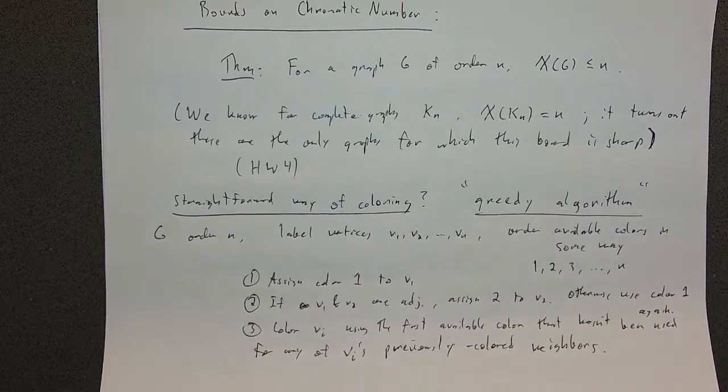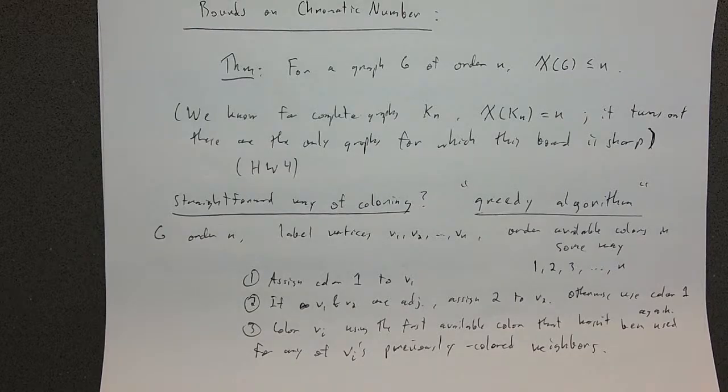At the end of this, counting what we are doing here is going to tell us exactly how many colors we need. Okay, so this greedy algorithm works in that it always gives a legal coloring, but in our example it gave us the least number of colors. Can we expect it to always yield the least number of colors?